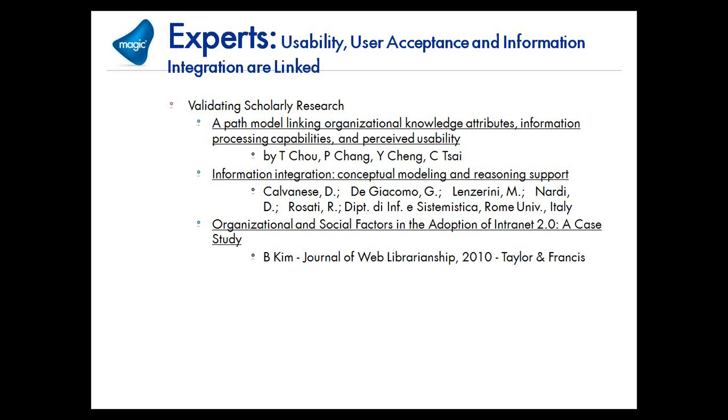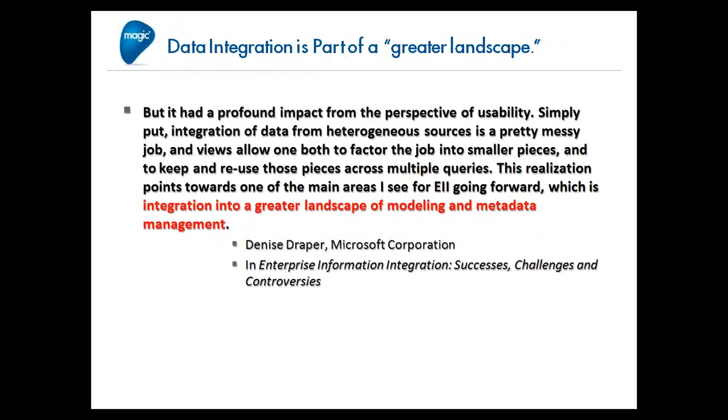We provide these references for you on user acceptance and information integration, but just suffice it to say that when information in the back end is integrated to the app, rather than having disconnected apps where you have data silos in place, your acceptance rates, your usage rates of those applications go way up.